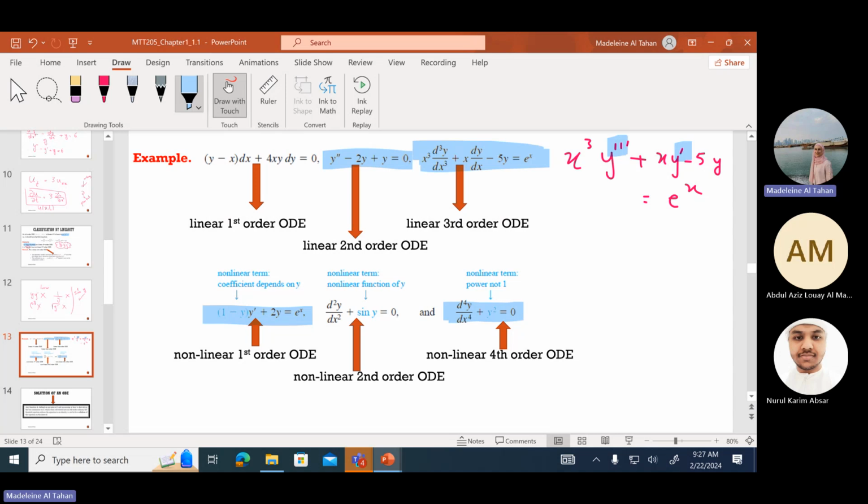Where's the problem in the linearity? The multiplication, y times y prime, a function in y times a function in y. For linearity, we cannot have it. Okay? This one, where is the non-linear term in f? Sin y. Does it affect the order? What's the order? Second. Did you understand the difference between linear and non-linear?